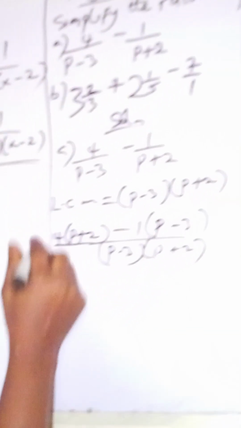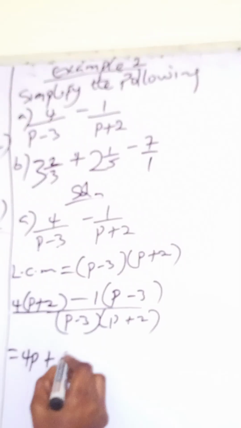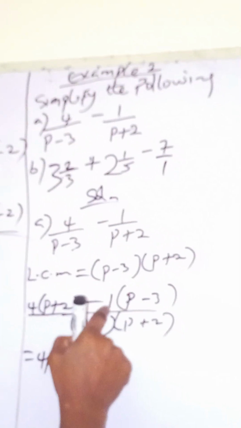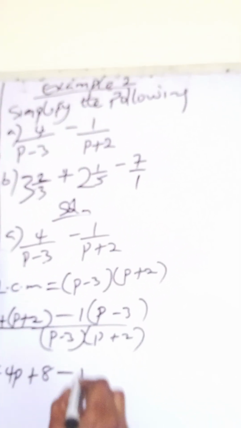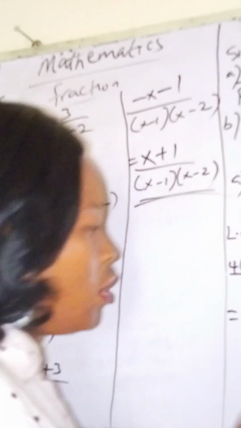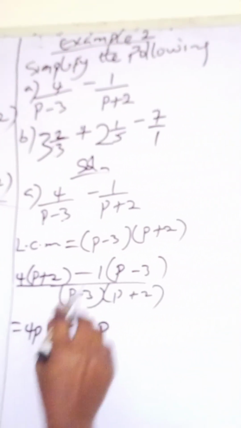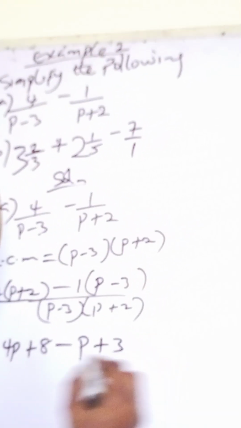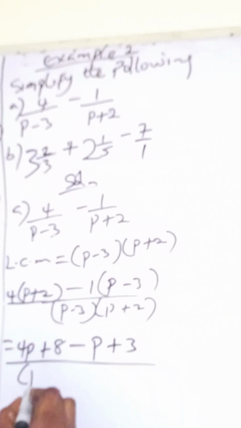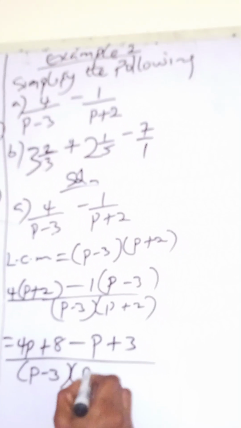So now we expand. 4 times p will give us 4p, plus 4 times 2 will give us 8, minus 1 times p will give us 1p, but 1 is the coefficient of p, so let me put 1 there. Now minus minus will give us plus, 1 times 3 will give us 3, all over your LCM, p minus 3, p plus 2.